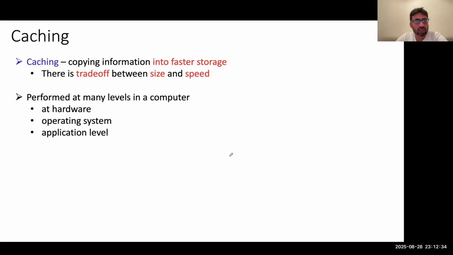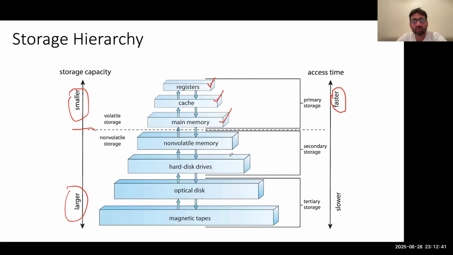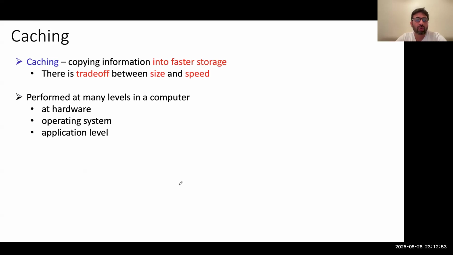So caching is performed at many levels in a computer system, at hardware level, for example, as we have seen in this figure. All of these layers are actually hardware layers. You have register, cache, memory, non-volatile memory, all of them hardware components, right? So caching is performed at the hardware level, and it is also performed by the operating system.